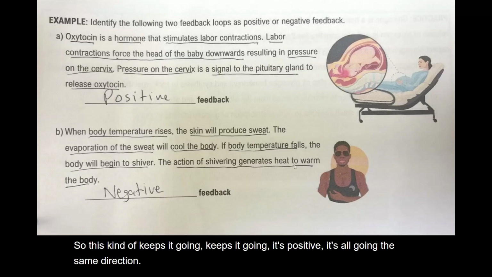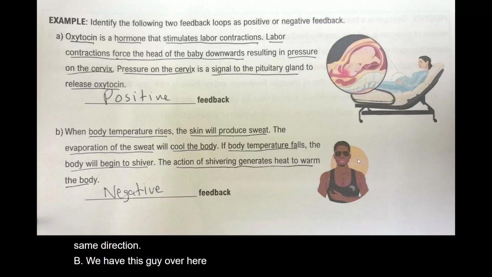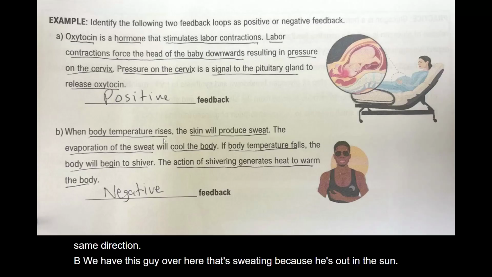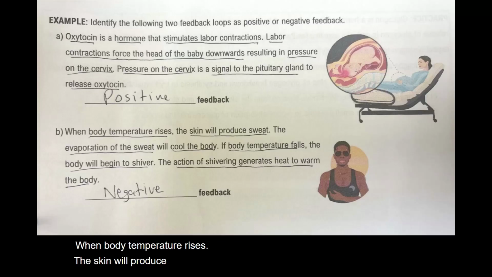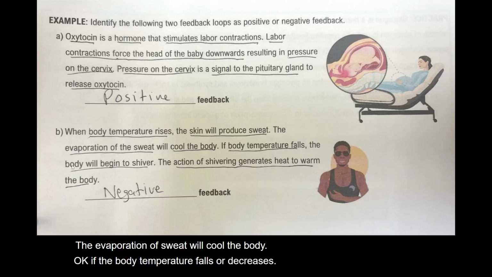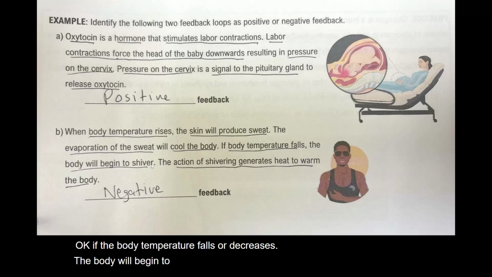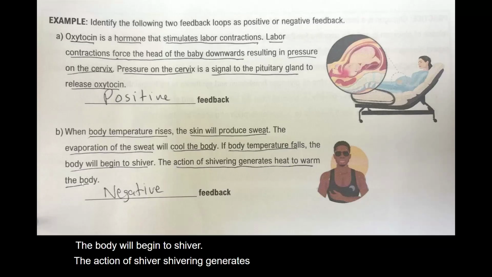B, we have this guy over here that's sweating because he's out in the sun. When body temperature rises, the skin will produce sweat. The evaporation of sweat will cool the body. Okay? If the body temperature falls or decreases, the body will begin to shiver. The action of shivering generates heat to warm the body.